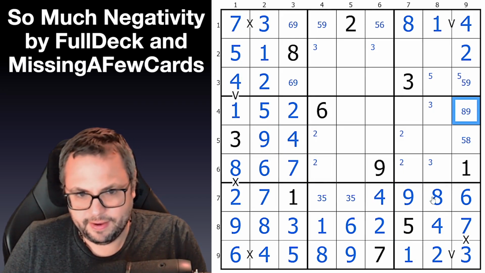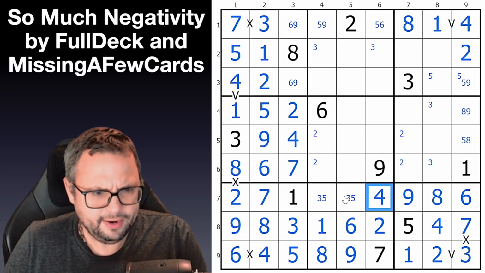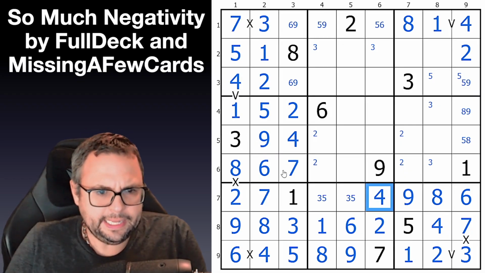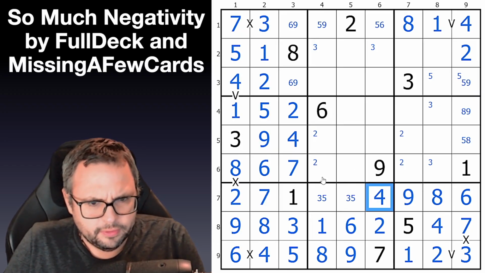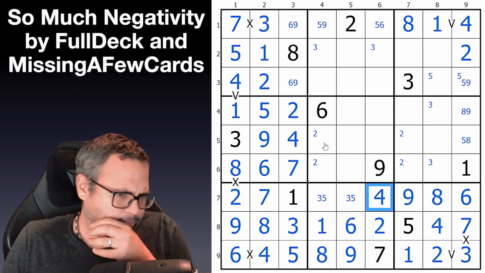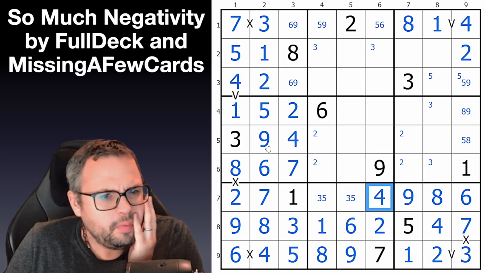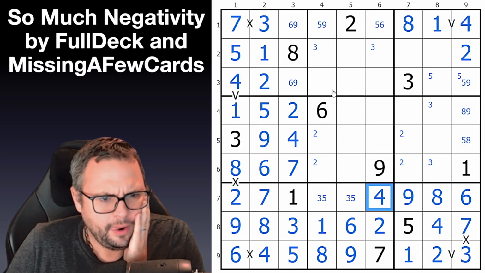Let's see, this can't be a 5 anymore, so this is an 8 or a 9. Okay, so that got us a lot of stuff. Is that going to make anything more clear in my universe? Feels like it might do something someday.